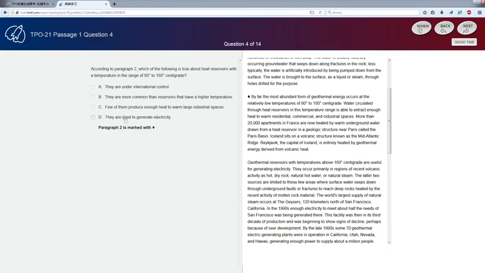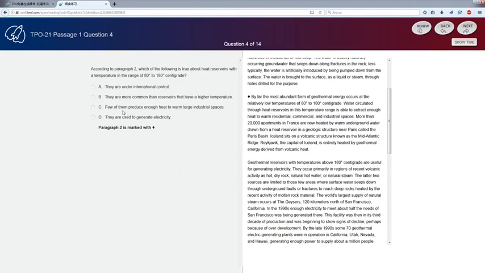So in order to really eliminate those two answers, we need to just see what the next sentence is. Water circulated through heat reservoirs in this temperature range is able to extract enough heat to warm residential, commercial, and industrial spaces. So here it says industrial spaces, but nothing to do with few of them.